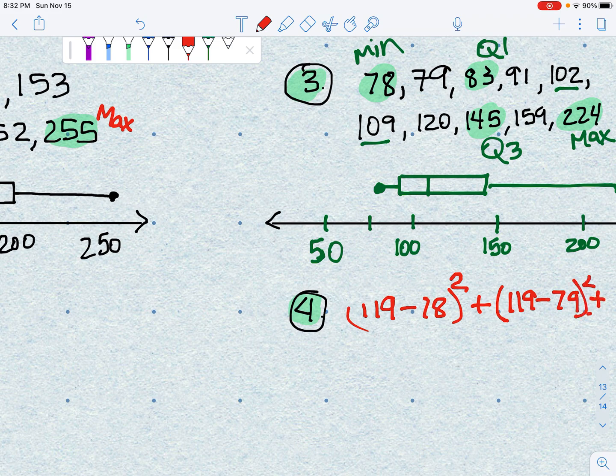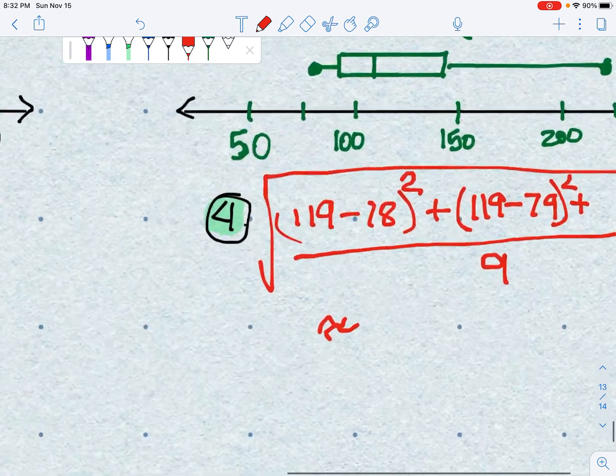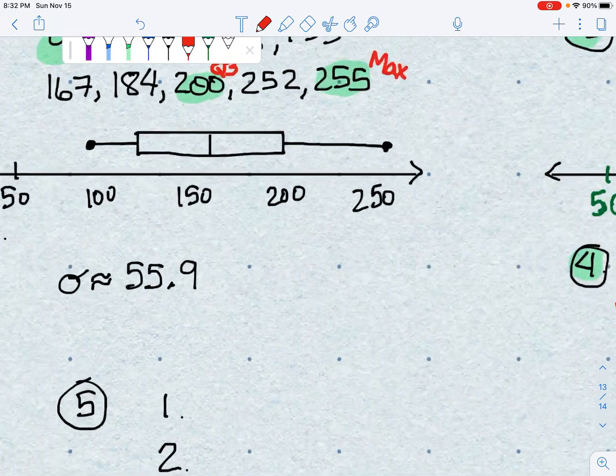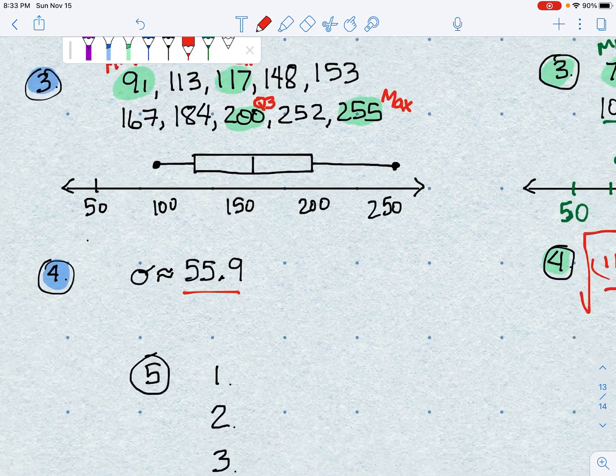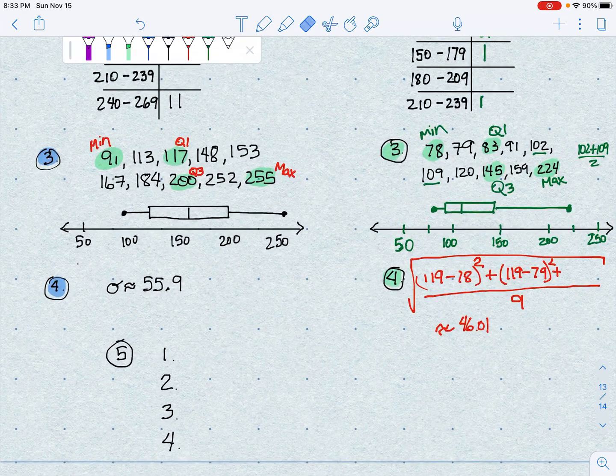Square that. We have to add all those up and then divide by n minus 1, 9, and then take a square root of all that. So if I do all that, I get approximately 46.01. If I look at my previous one, I can see I have a standard deviation of 55. So that illustrates that my data on the right is tighter. It's closer together to the mean than the one on the left.